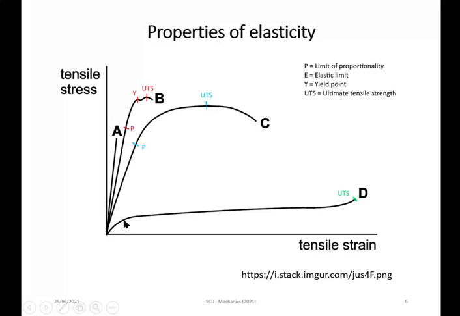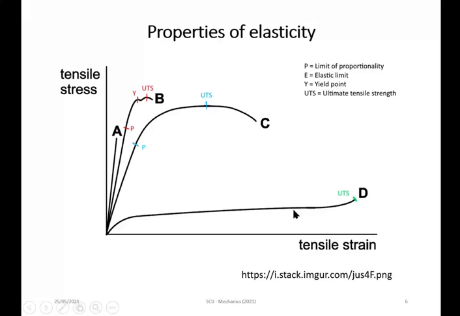Yet this material will have plastic behavior for a long stretch before it breaks. Even at the time it breaks, the force that will be applied is very low. This is the force axis. The force applied to it is very, very low. So think about it. Is D a ductile material or a brittle material?